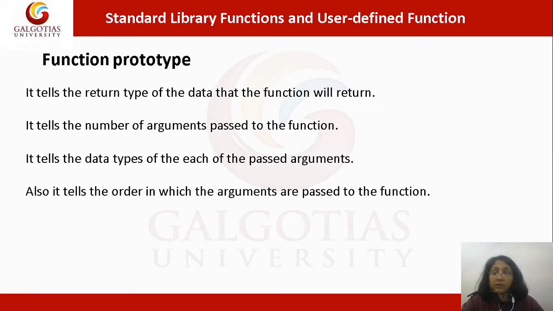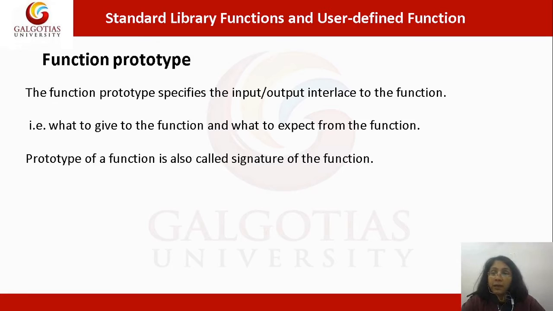Also, it tells the order in which arguments are being passed to the function. Therefore, students, whatever order you follow while writing the prototype of the function, make sure that in the same order you are also passing parameters in the calling function, and also you are using the parameters in the same order in the body of the function.